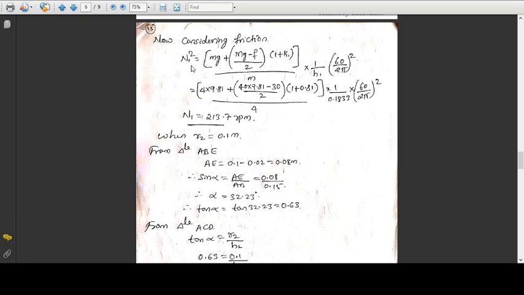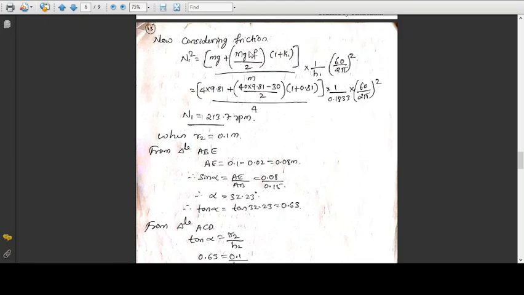We have the equation N1 square equal to (mg minus F) divided by 2, into (1 plus K1) divided by m, into 1 divided by h1, into (60 divided by 2 pi) whole square.